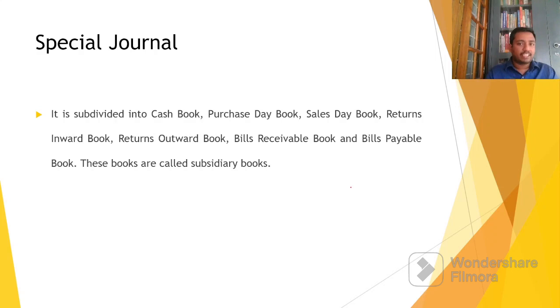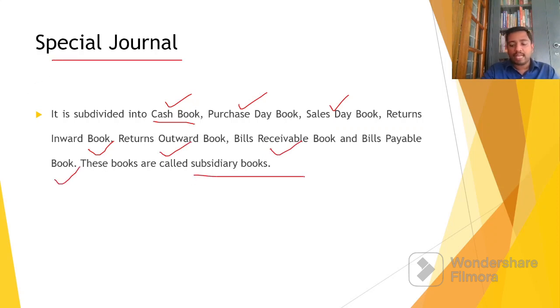So we classify these into sub books, like cash, purchases and sales, which are known as special journals. They are the subdivisions of journal, which include cash book, purchases day book, sales day book, return inwards book, return outwards book, bill receivable book, and bills payable book. The special journals are also known as subsidiary books, and we will be discussing them in the coming videos.